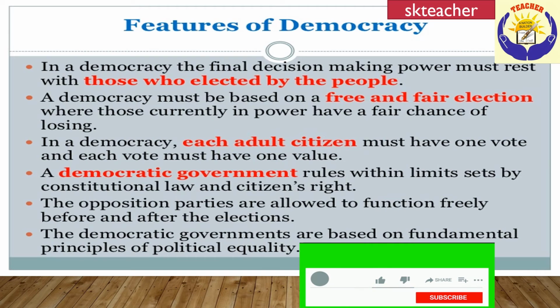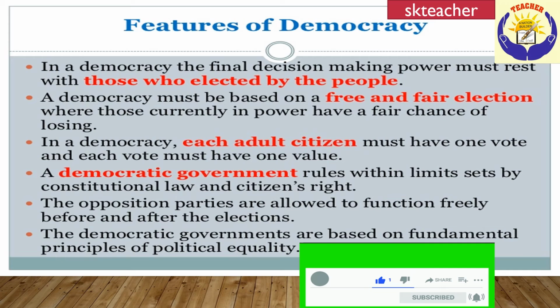Another nation, Mexico, even though they have several parties, always one single party alone wins in the election. So we cannot conclude that Mexico and China are democratic nations, because they conduct the election just for the name's sake, and it is not a free and fair election. So China and Mexico both are not democratic nations.